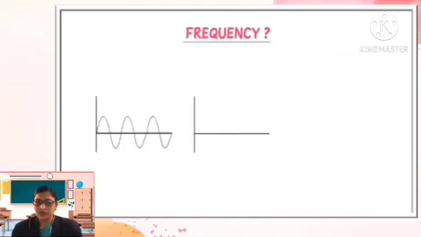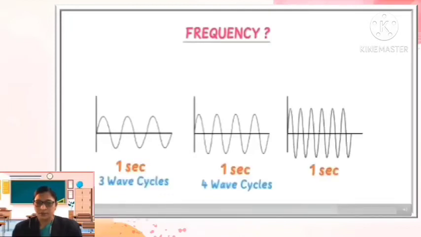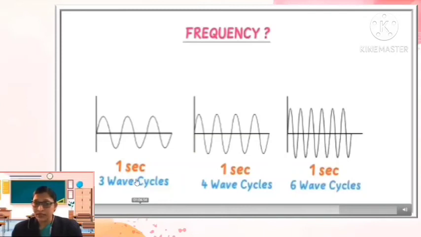The next definition is frequency. You can see here in the first case, in 1 second, the number of waves formed are 1, 2 and 3. The wave completes 3 wave cycles in 1 second. In the second case, 1, 2, 3 and 4: 4 wave cycles are formed in 1 second.